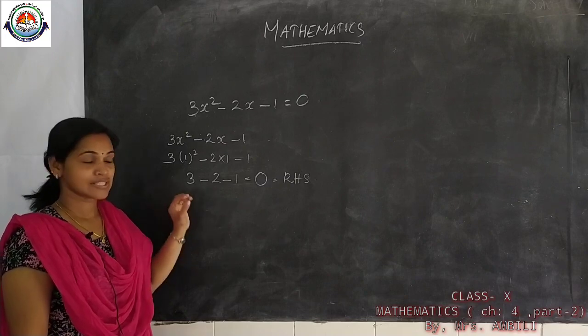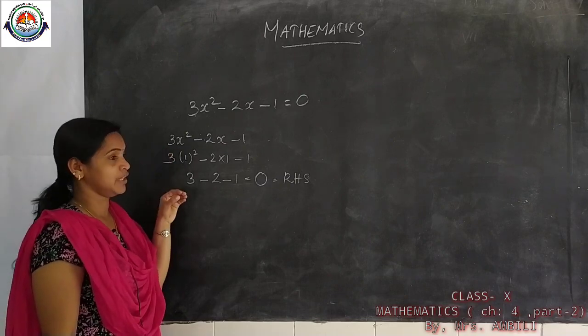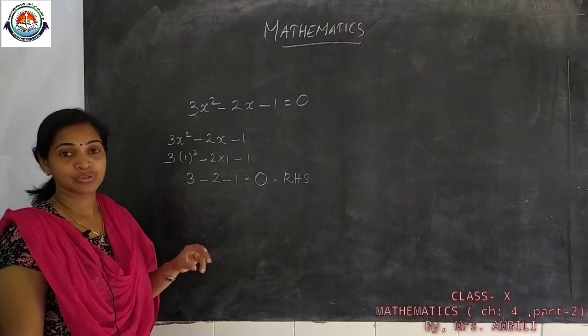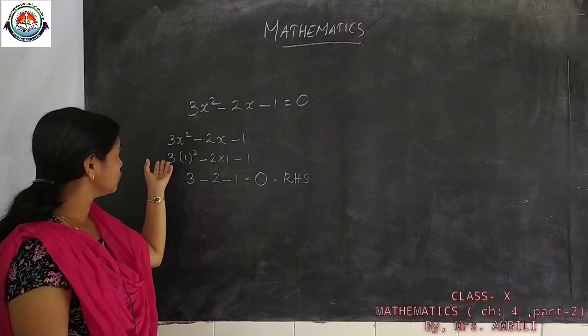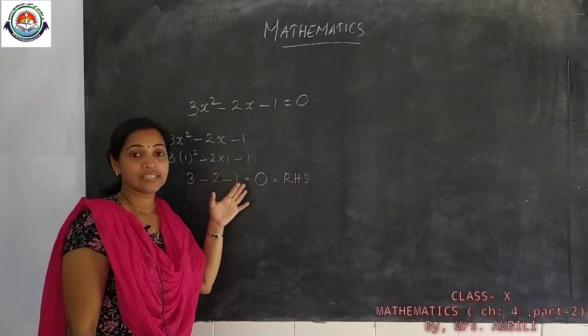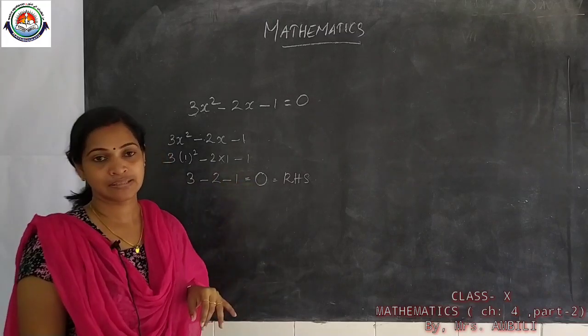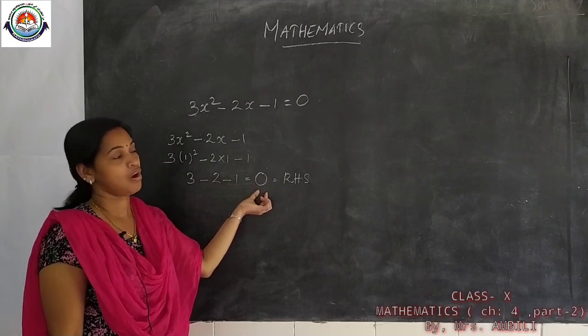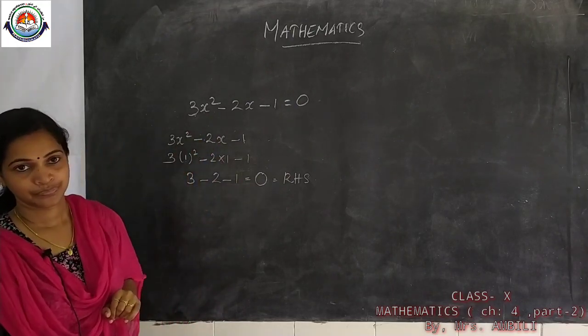Okay. If we substitute any value for x and we get 0 as the RHS, that is the solution of the given equation.